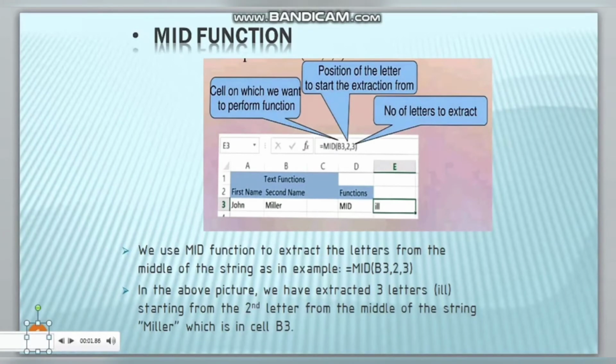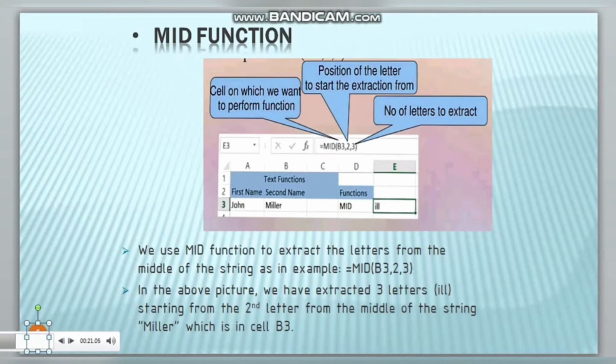Next I have the mid function. If you want some middle text inside the text, there's a mid function. This function is a bit lengthy as it has more parameters. First is for text, second for start number, and third for number of characters.